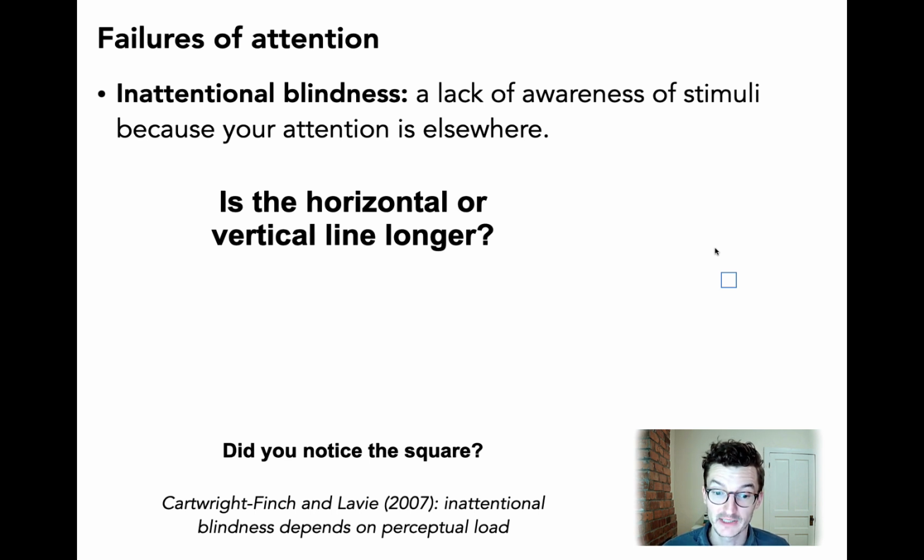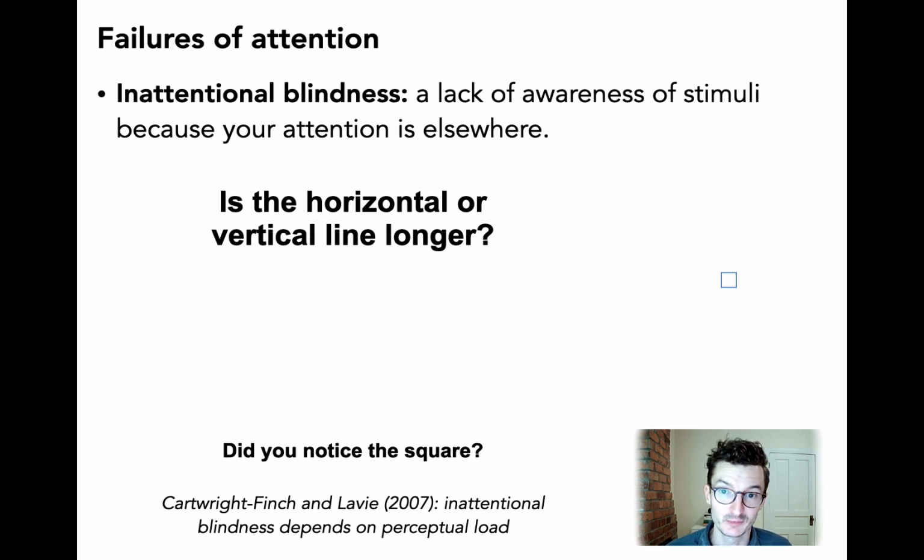And what we know is that inattentional blindness like this depends on task difficulty, right? So we can apply perceptual load theory to this notion of inattentional blindness. If you're doing a task that is sucking up all of your attentional capacity, you're more likely to show inattentional blindness.